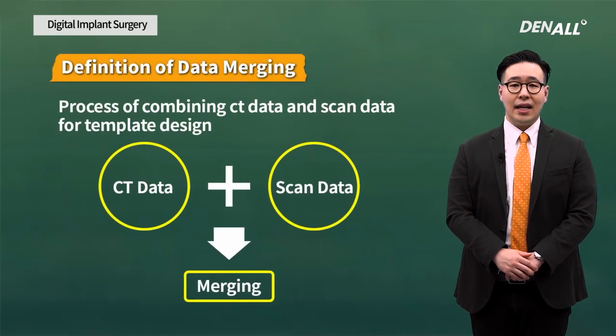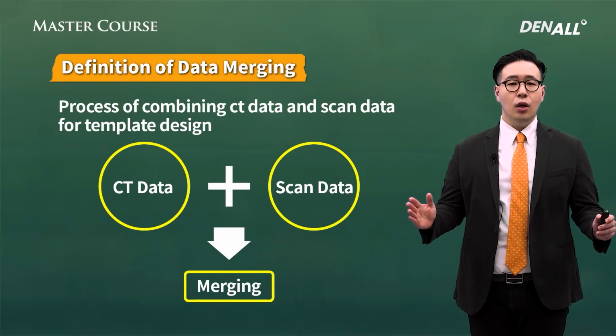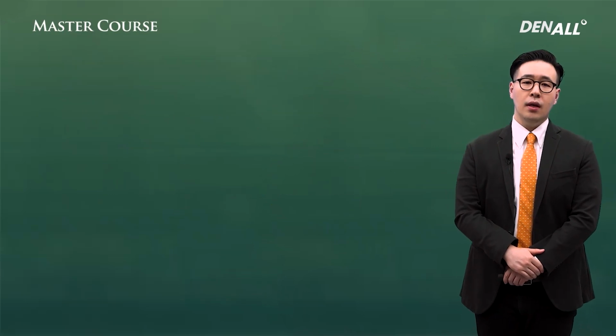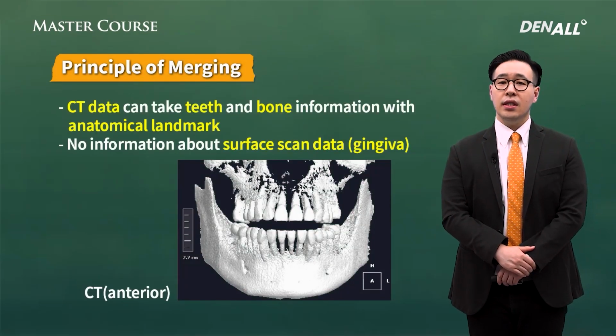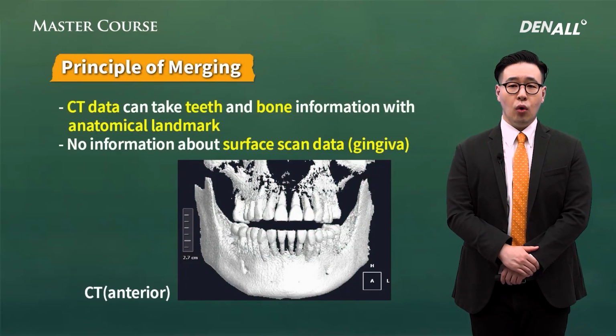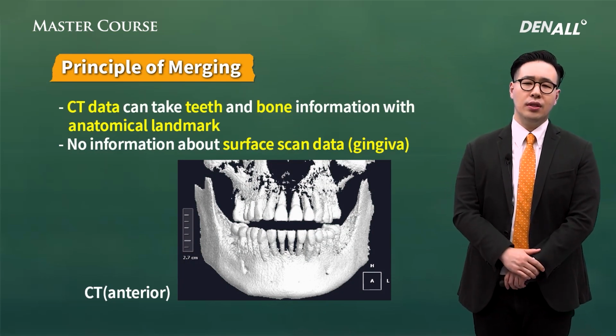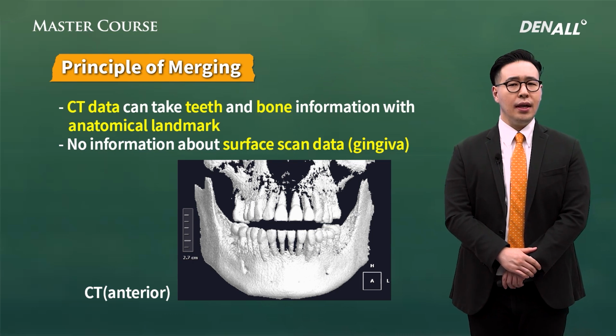Currently, the guided surgery uses the merged data of CBCT and the surface scan data after they are acquired without distortions. CBCT has information on teeth and bone surface and important anatomic structures, but not soft tissue surface.